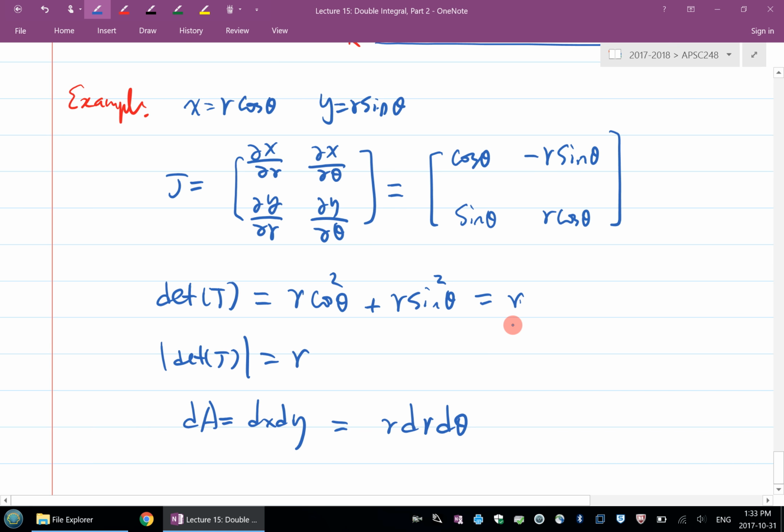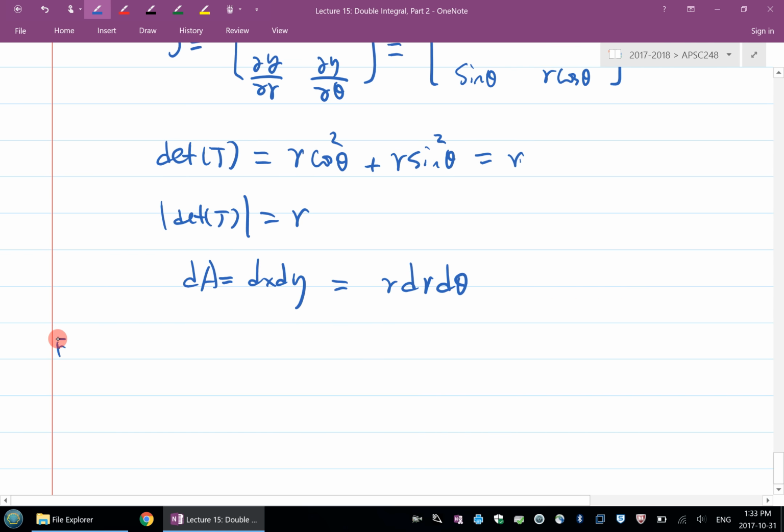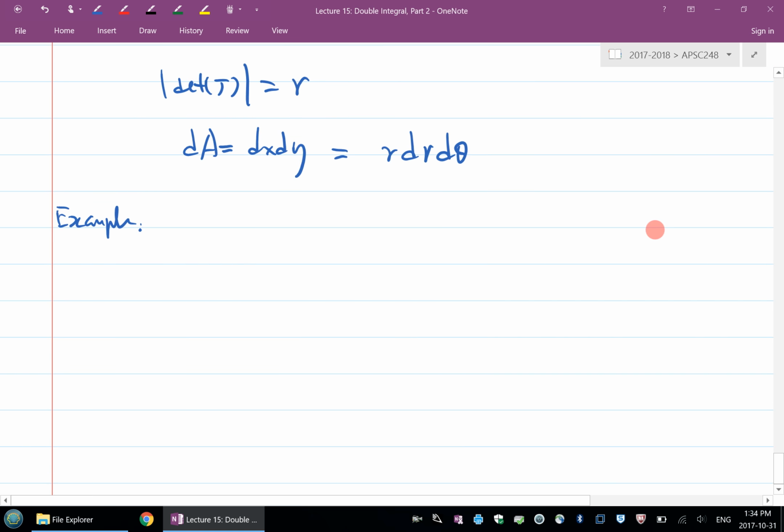Let's look at another example, an application of this. I'm going to give you a somewhat complicated one. I'll give you a parallelogram, like a diamond.